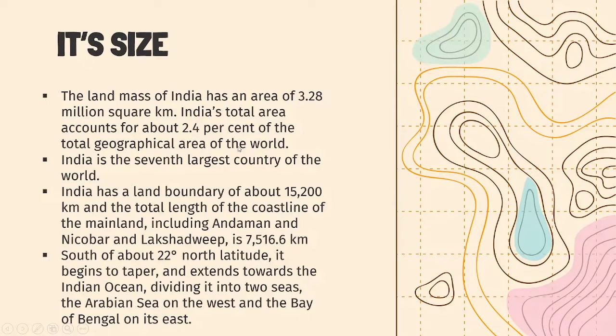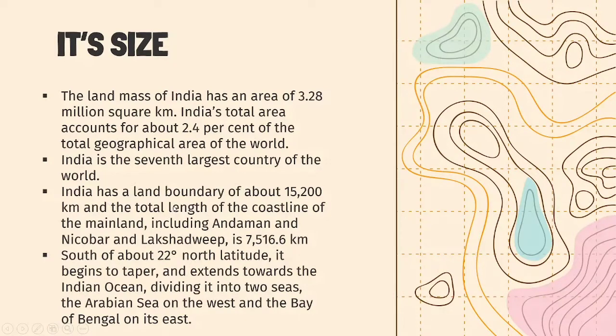It means as a whole, when we take a world perspective, India accounts for about 2.4% of the world. So India is the 7th largest country of the world in terms of size. In terms of geographical measure, India is the 7th largest country of the world.